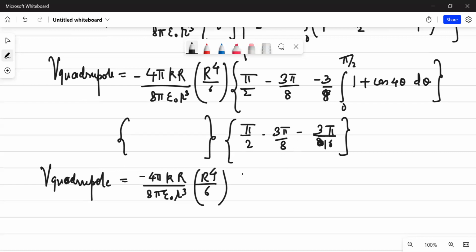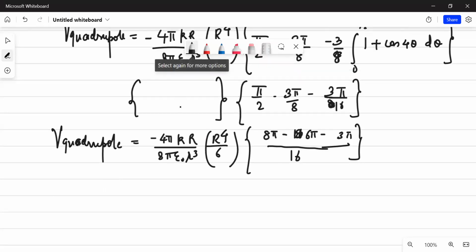Let me do it properly. So take 16 common somewhere. If I take 16 common, this is 8 pi, minus this is 16, sorry, this is 6 pi, and then you have this 3 pi over there, so it is minus pi upon 16.